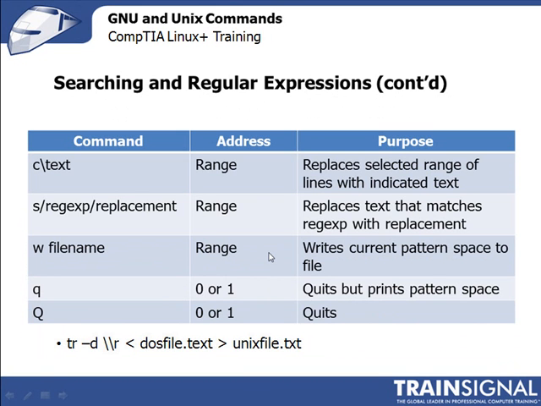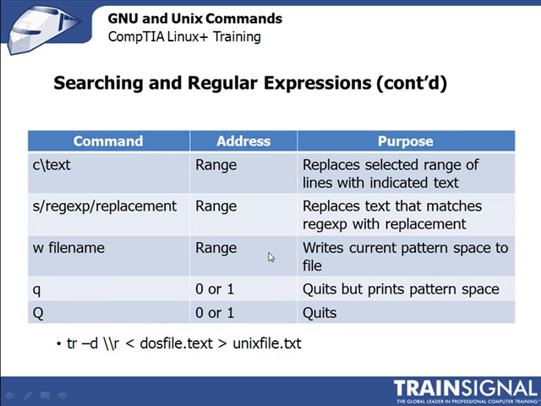The next one we just learned about, and it's s/regexp, or regular expression, /replacement, and that replaces the text that matches the regular expression with the indicated replacement. w, space, file name writes the current pattern space to the file. Lowercase q will quit the script but print the current pattern space, and uppercase Q quits immediately without writing.